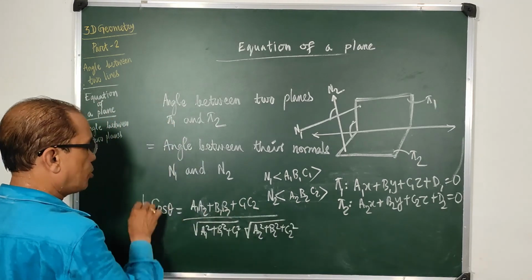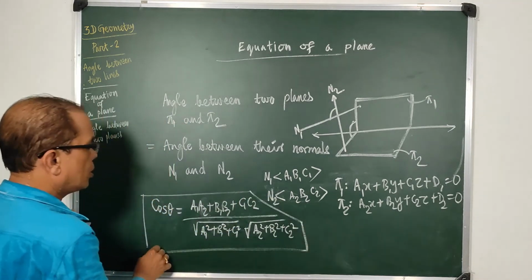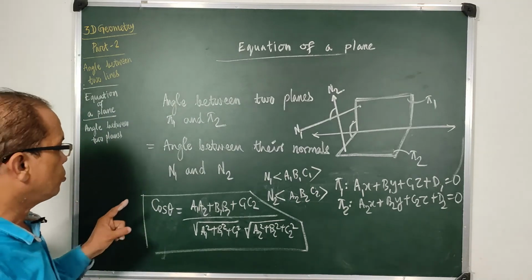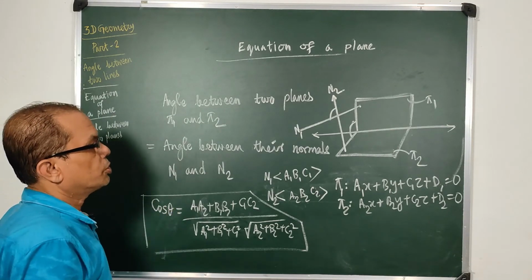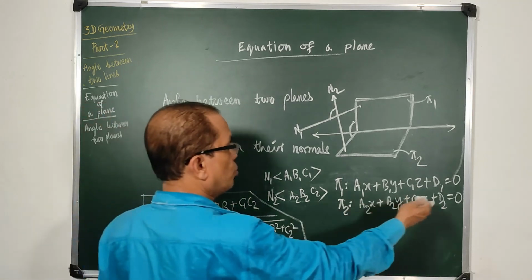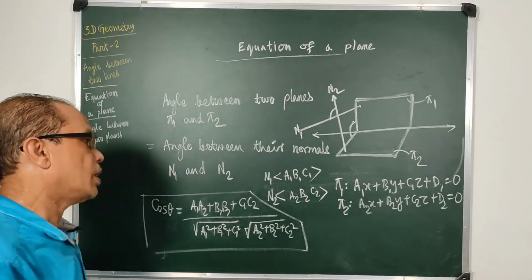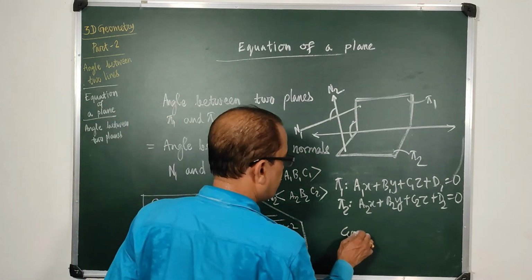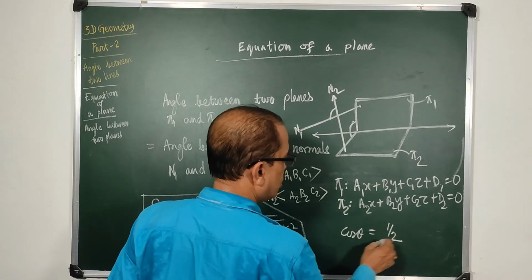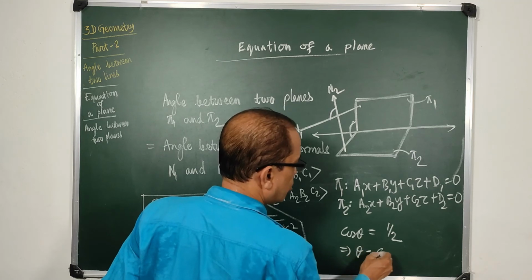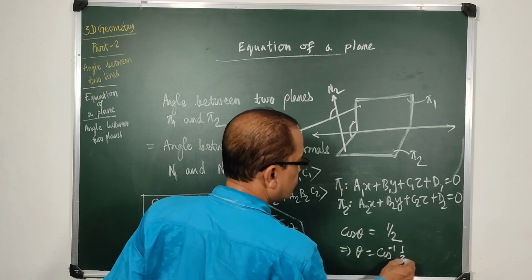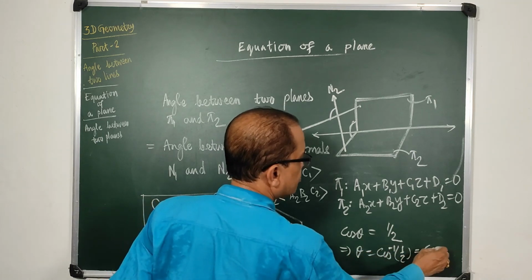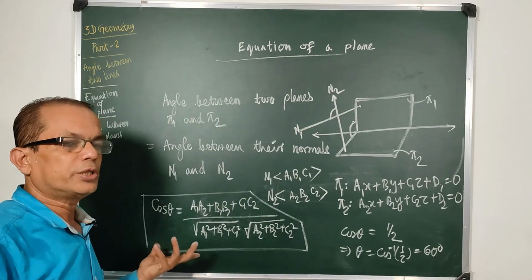So this is the formula for the angle between two planes. You can take any two equations of two planes and use this formula to get cos theta, and if suppose cos theta becomes 1 by 2, then clearly theta will be cos inverse 1 by 2, which is 60 degrees. So the angle between the two will be 60 degrees.